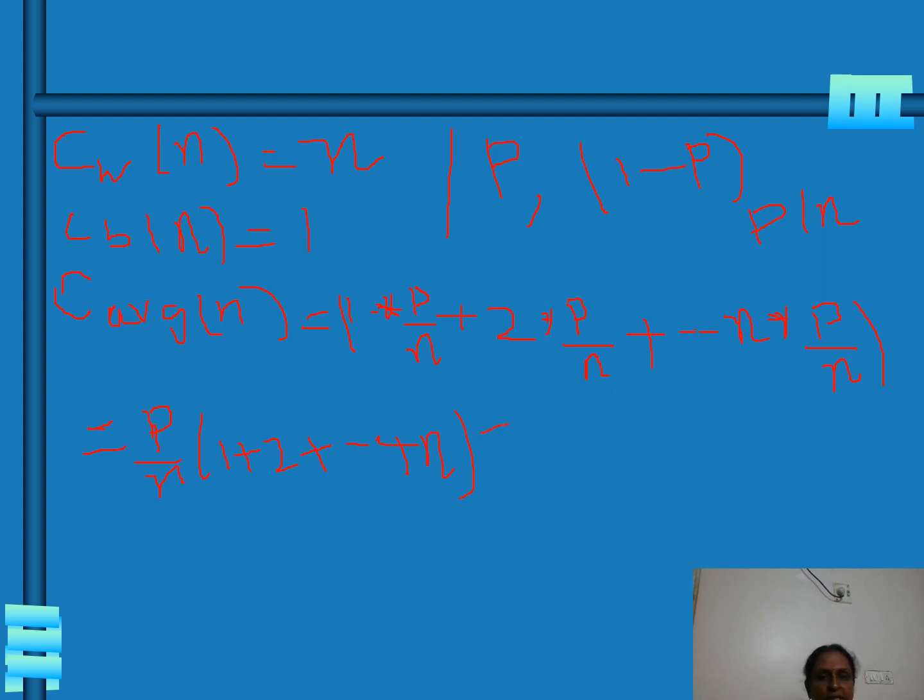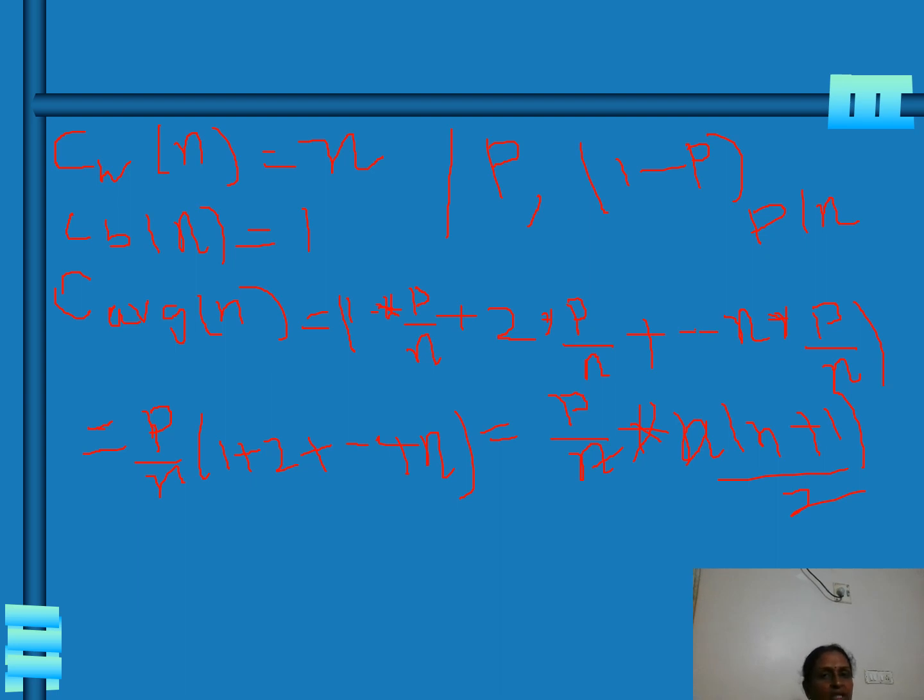So you will say p divided by n into n into n plus 1 by 2. We are simplifying this: 1 plus 2 plus up to n is the summation of natural numbers, so the n will get cancelled.